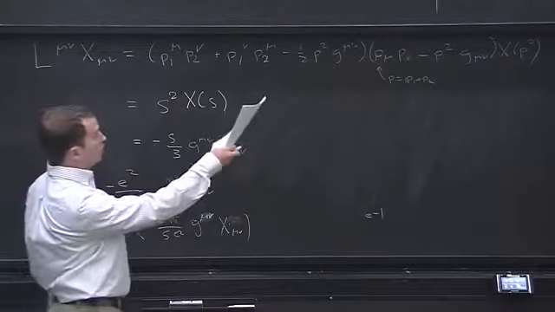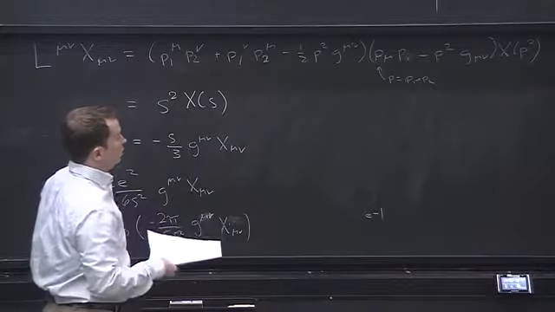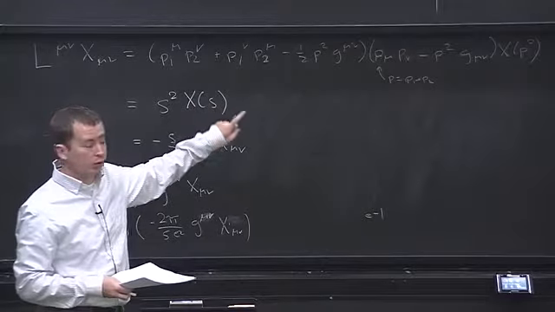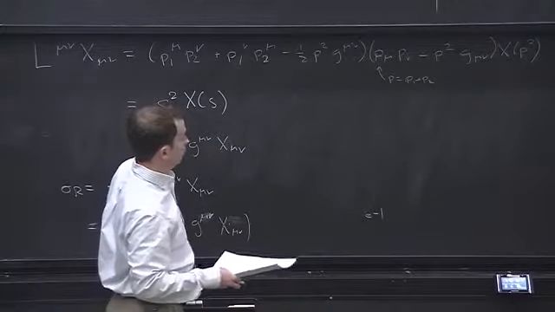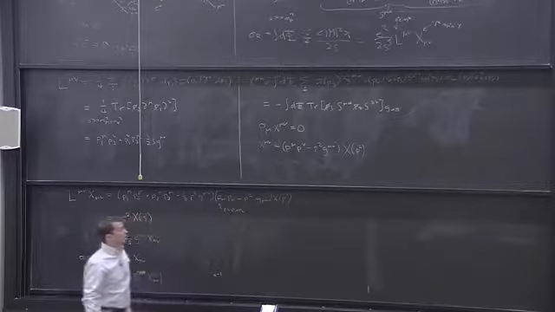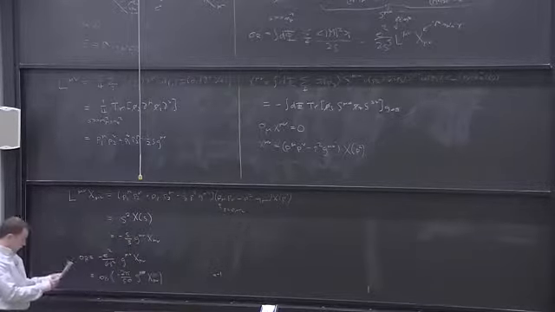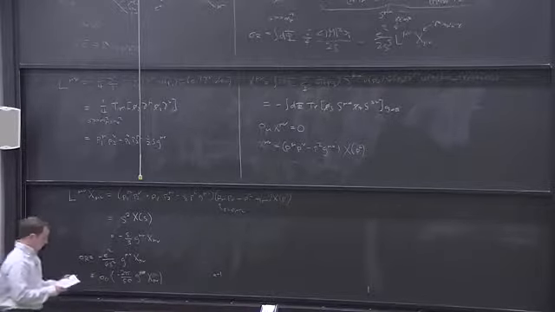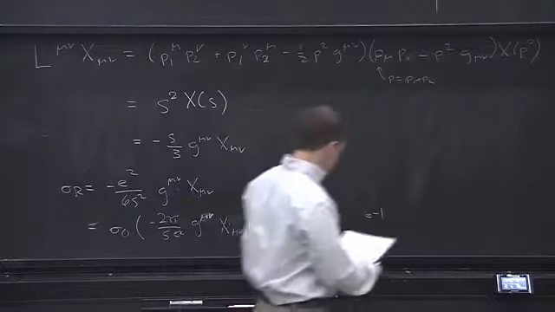I'm not going to go through the algebra, but if you did want to go through the steps, doing it this way, using this Ward identity, will save you at least a page of algebra. So we're almost done.